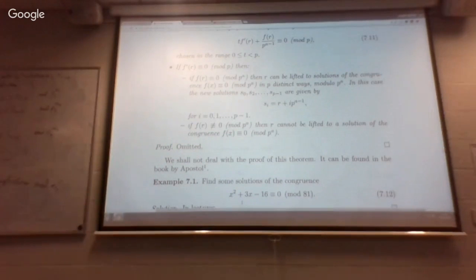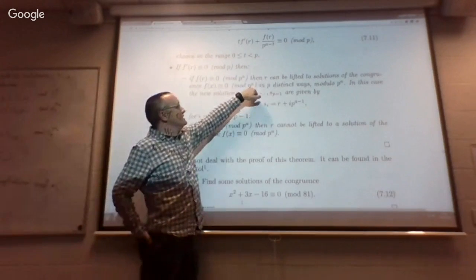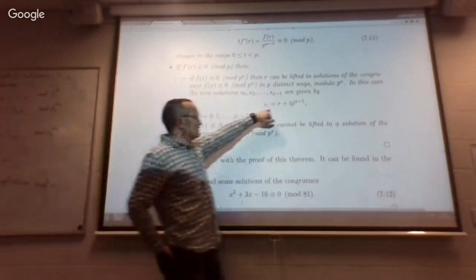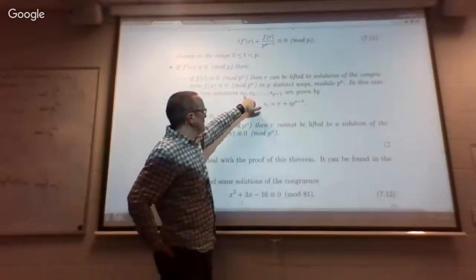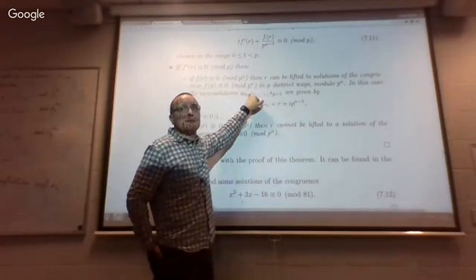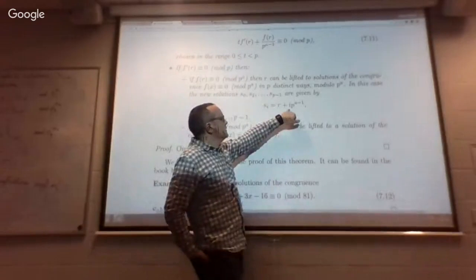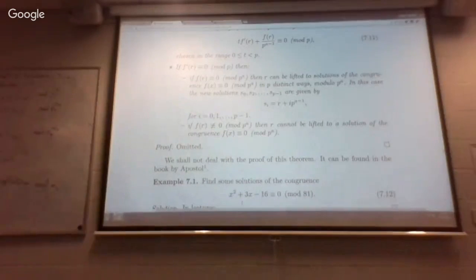You actually get p new solutions to the next level of exponent, p to the a, for f of x congruent to 0. We've got a formula for them here. This gives you s_i for i between 0 and p minus 1. So these are the p new solutions. They're all based on the value of r, and involving i and p to the a minus 1.